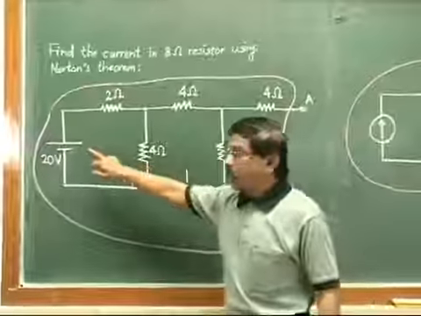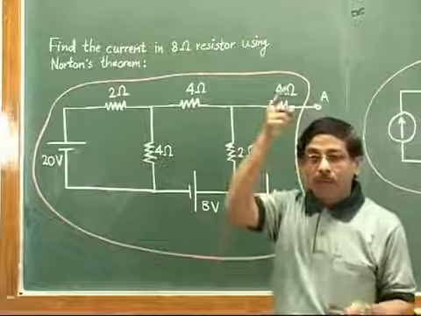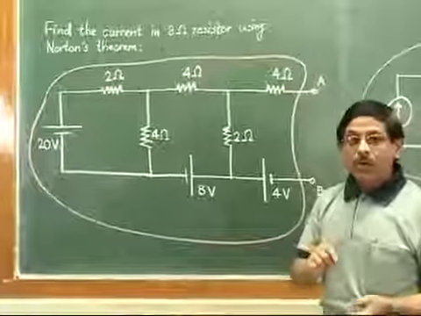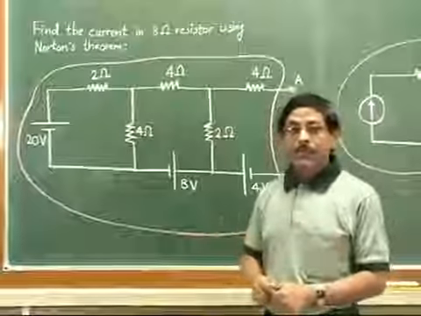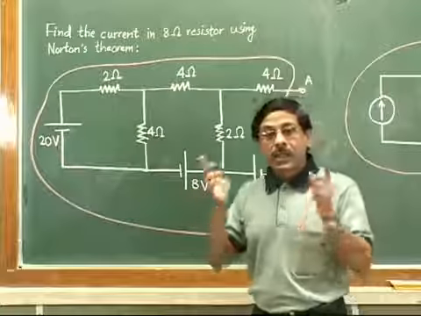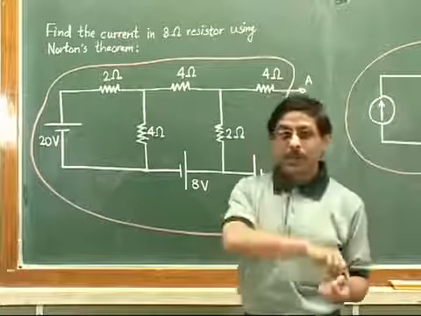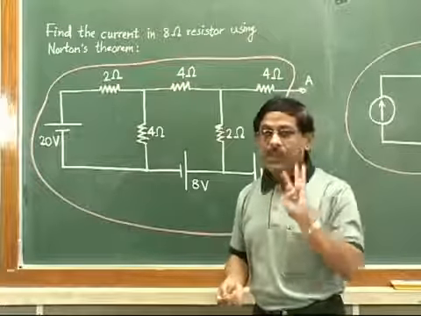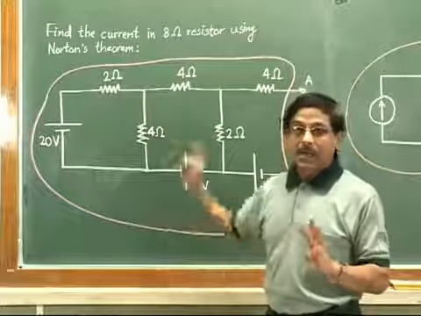If there is an ideal voltage source, we have to replace it with a short circuit. If there is an ideal current source, then we have to replace it with an open circuit. But if these sources are practical sources in the given circuit, then we have to replace both voltage and current sources with their internal resistances.